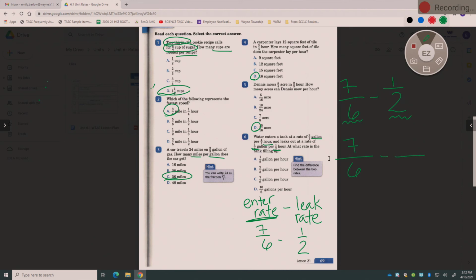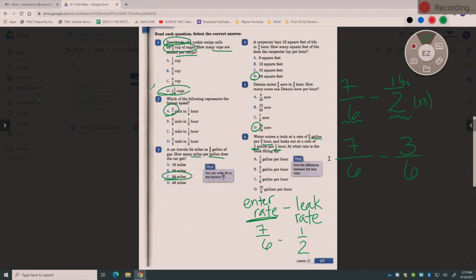But if I want 1/2 to become a fraction with 6 in the denominator, I need to look and say 2 times what equals 6? Well, 2 times 3. And then if I multiplied that 2 times 3 to get 6, I need to multiply the 1 times 3 to get my numerator. So 1/2 is the same as 3/6.